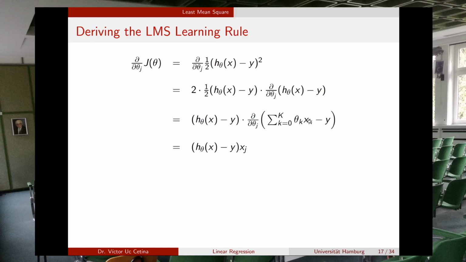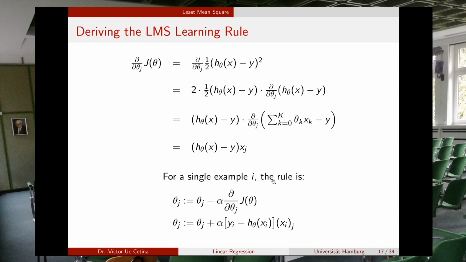And here this is a sum of many terms, and only one term here will contain theta j. Okay, so for example, if we're computing this partial with respect to theta 2, only one term here will have theta 2, and that x that is beside theta 2 is going to be x2, which in this case is j.